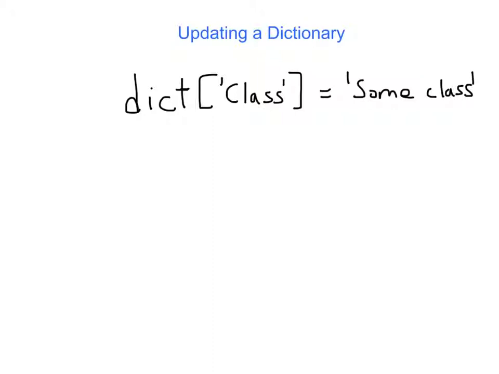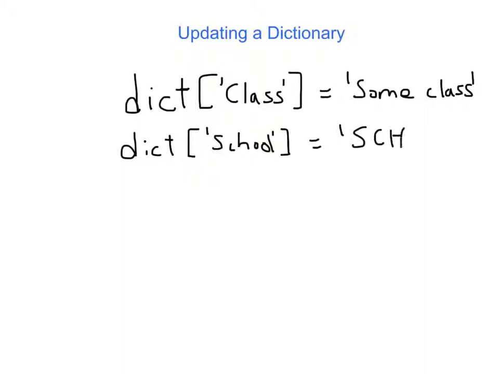We can also add a key value pair to a dictionary by simply assigning the key. In this case, we'll make a new one called school, with a value like SCHS. So this pair just got added to our dictionary.